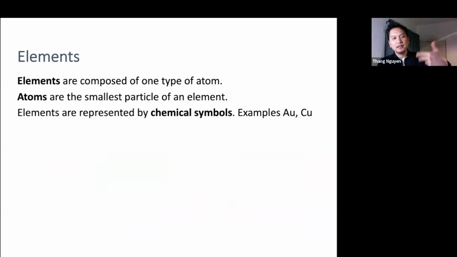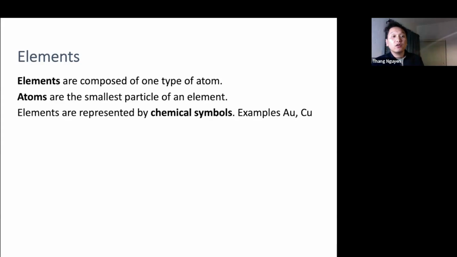So again, these slides are just going to reiterate the definitions we just said. Elements are composed of one type of atom. So you go down to the lowest core of any substance, the smallest unit is called the atom, right? The smallest particle of an element. We'll go over the atom in much more detail in subsequent lectures.